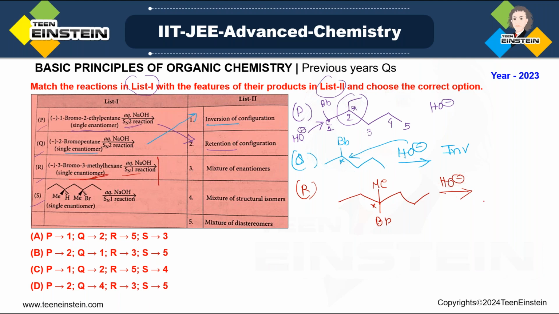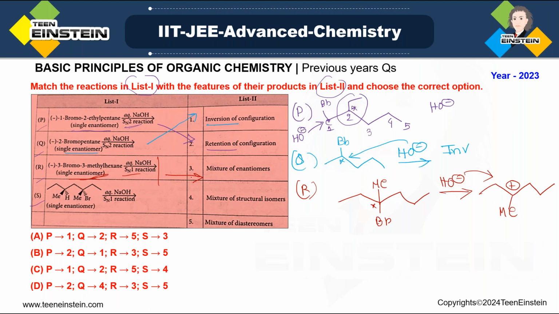In SN1 reaction there is generation of carbocation like this, after bromine removal, the methyl group is here, and the HO minus can attack from both sides. This carbocation is planar, so that is the reason we get mixture of enantiomers. That means it is matching with number 3.